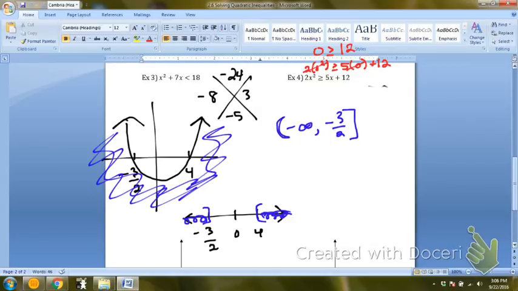So there's a parenthesis around it because it can never actually equal infinity. So beside infinity will always be a parenthesis. Then we hopped over and we went from 4 to positive infinity. The 4 has a bracket. The infinity has a parenthesis. And what goes in the middle? The U, horseshoe.